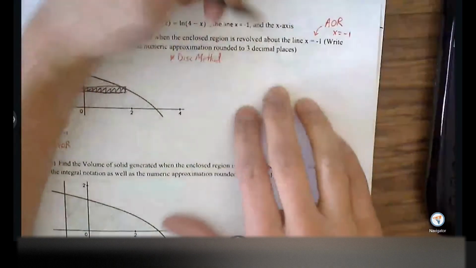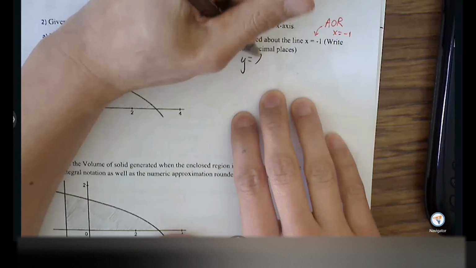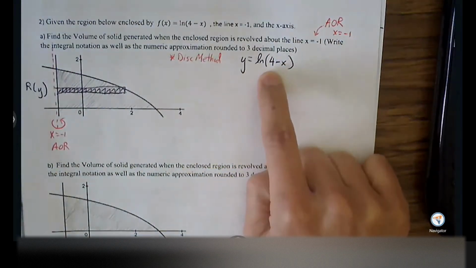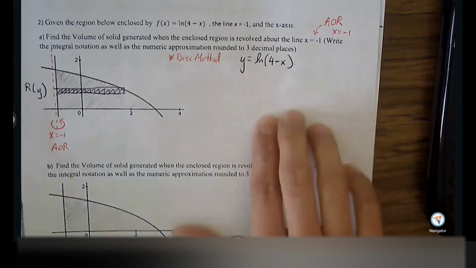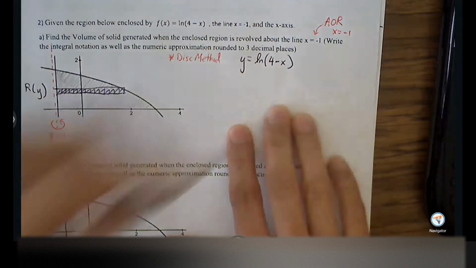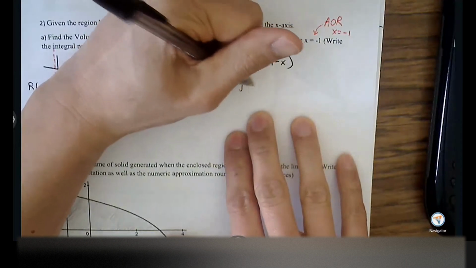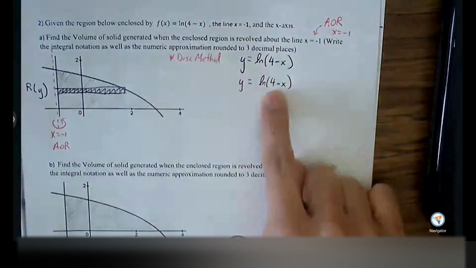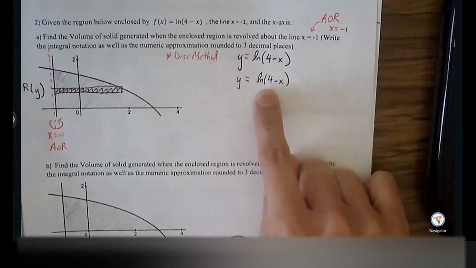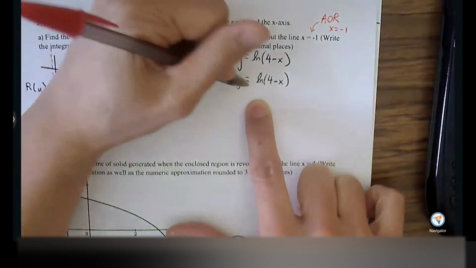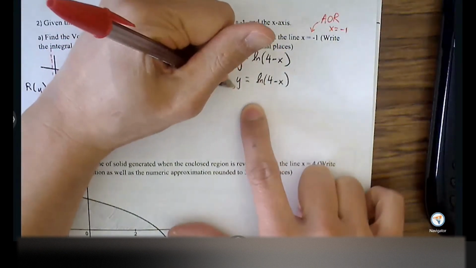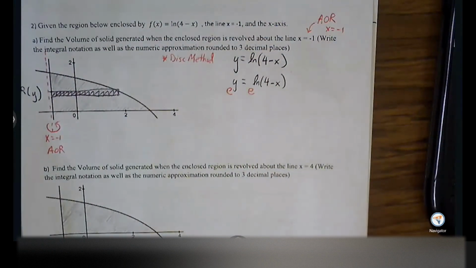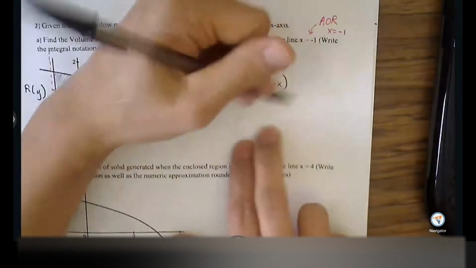All right, so we're going to work with this equation. y is equal to natural log of 4 minus x. What can I work towards getting that x by itself? I can rid myself of the natural log by doing what? Would you raise it to base e? Right, yeah, because if we involve the inverse function, they're going to cancel each other out.